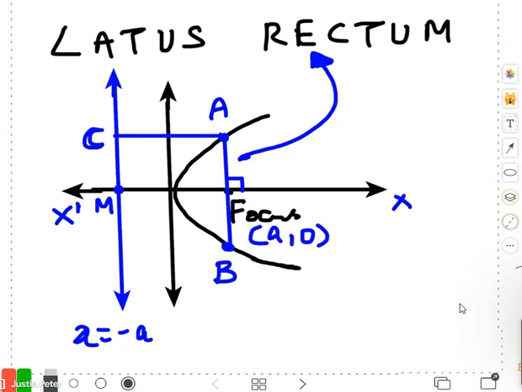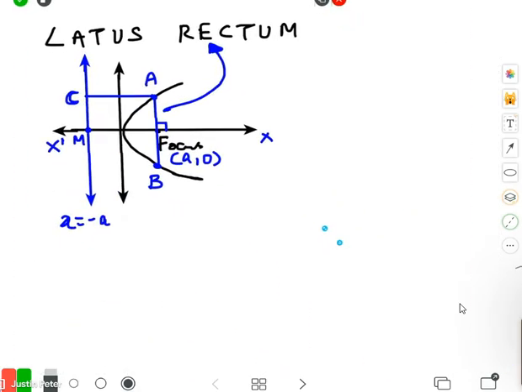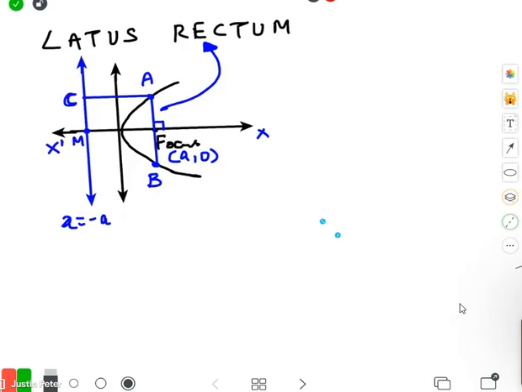So some interesting things we are going to see now. Look at the point A. What conditions should be satisfied for point A? The distance AF must be equal to the distance AC, correct?